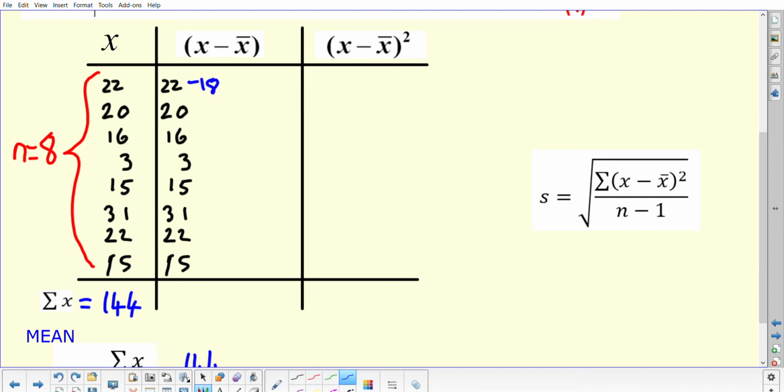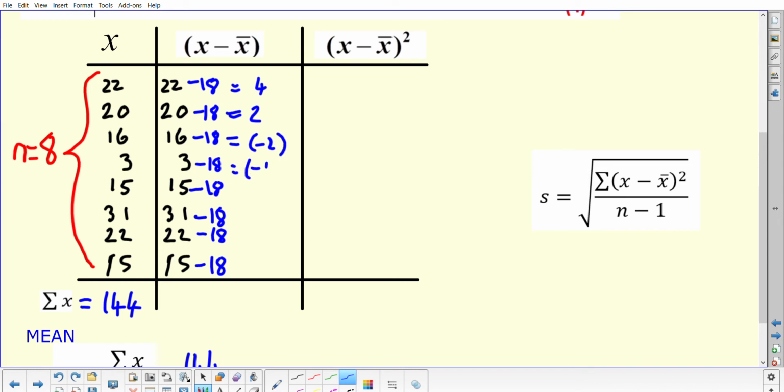So you're going to take 18 off of all of these numbers, and that gives you some values that are positive, some values that are negative. So 22 minus 18, clearly is 4. 20 take away 18, you've got 2. This one is negative 2. 3 take away 18, you've got negative 15.